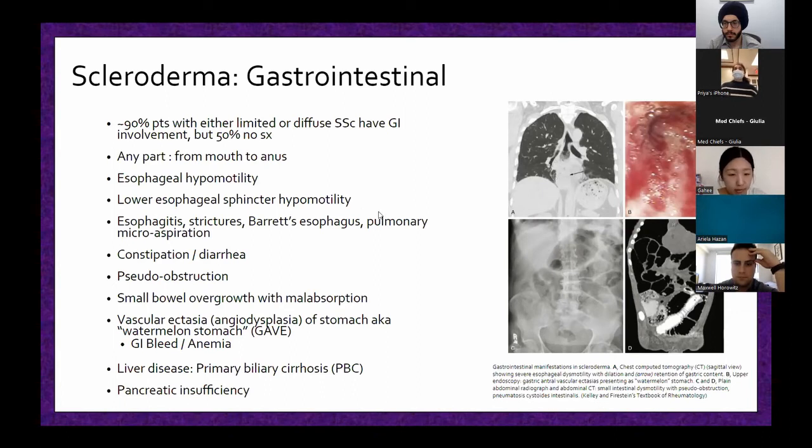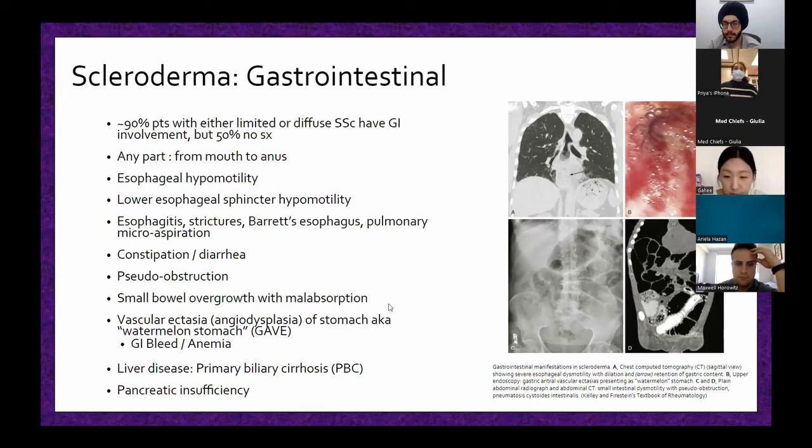Lower esophageal sphincter hypomotility. A lot of these patients have esophagitis and strictures, Barrett's esophagus. They get pulmonary microaspirations due to their reflux, which can be pretty severe sometimes, which then exacerbates their ILD, which is challenging. Constipation and diarrhea sometimes can be so severe, with abdominal symptoms and requiring surgeries, and pseudo-obstruction sometimes.